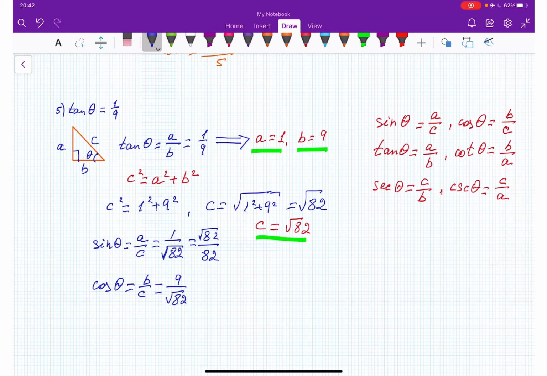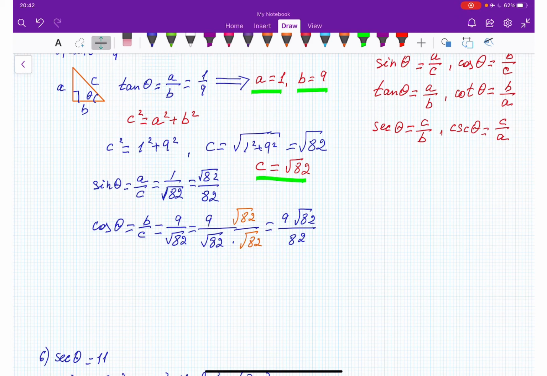So if I multiply both sides by the square root of 82, let me do this time, just specifically for the people who were wondering. Okay, and this is going to be 9 square root of 82 over 82. Yes?